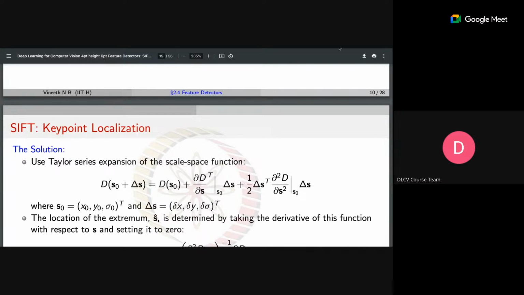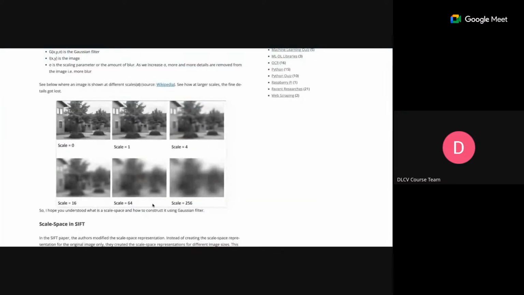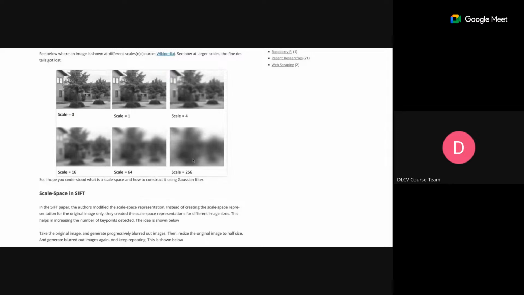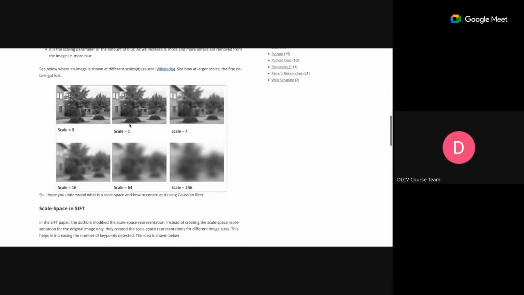So again, if I go to the same, see these two images. Let's say scale 64 and scale 4 we took. Let's say our sigma is 4 and k value we took 16.